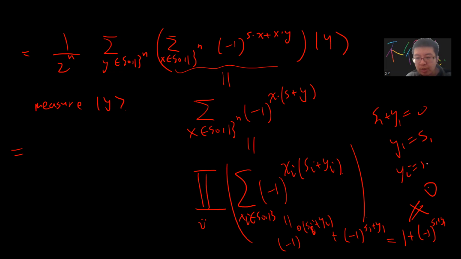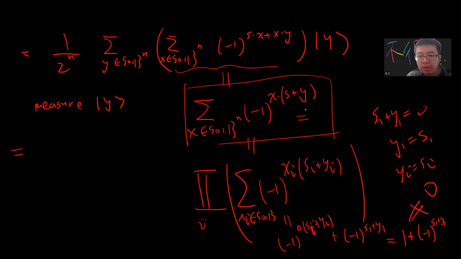So this means yi needs to be si for each i. What I want to say is that this actually forces y to be equal to s. So y needs to be the same as s.